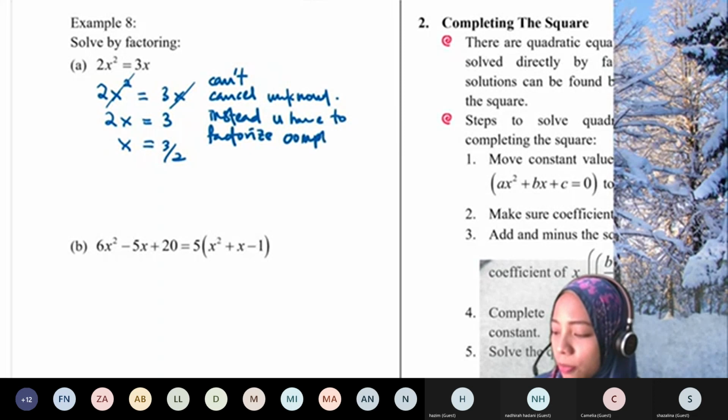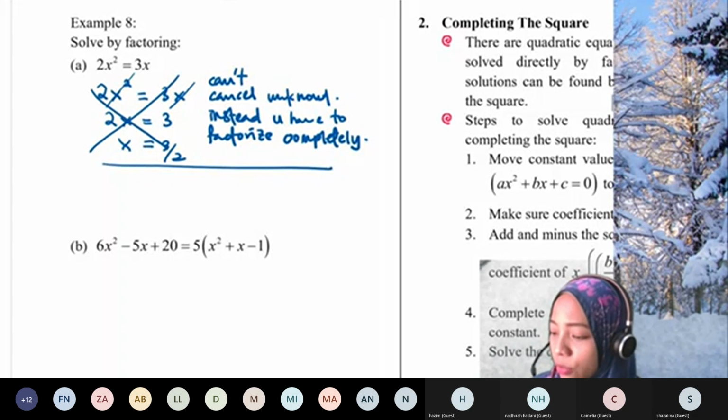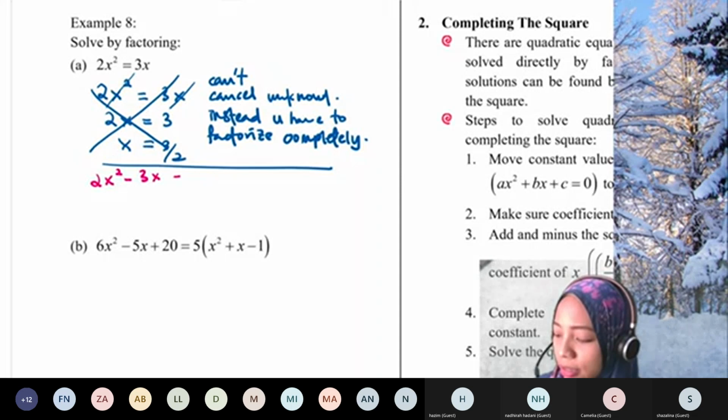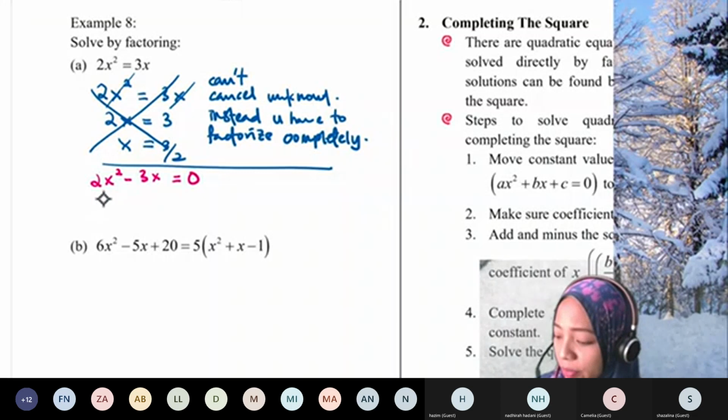Completely. Apa maksud completely? Semua bawa pergi belah kiri. This is wrong, cannot. What you have to do is 2x square minus 3x equals to 0. So now you factor what you can factor lah. Like in your case, x can be factored out. So x(2x minus 3) equals to 0.